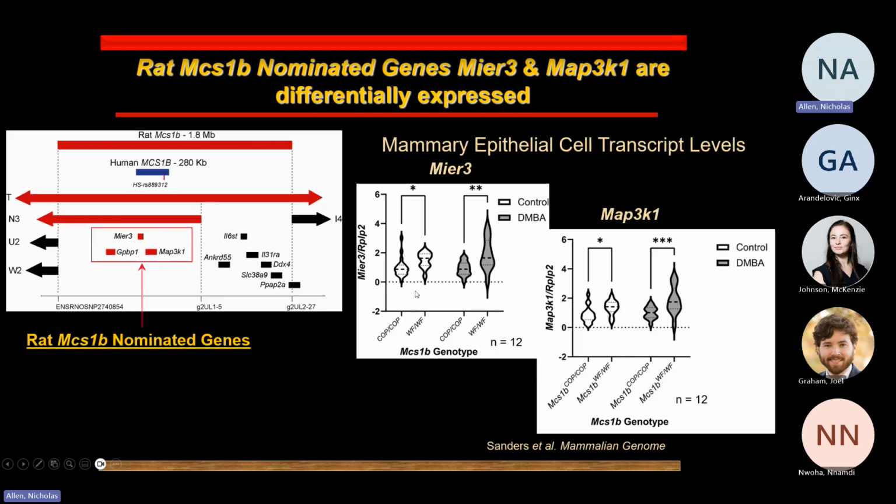We look at their expression in the rat mammary gland, and then we incorporate genotype into that. We see that the susceptible strain is expressing higher levels of both MIR3 and MAP3K1 compared to the resistant genotype. So this is the genotype that confers resistance. This is the genotype that confers susceptibility.